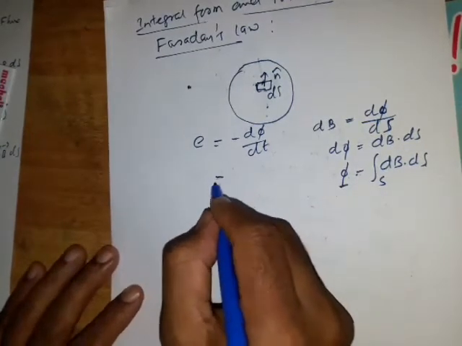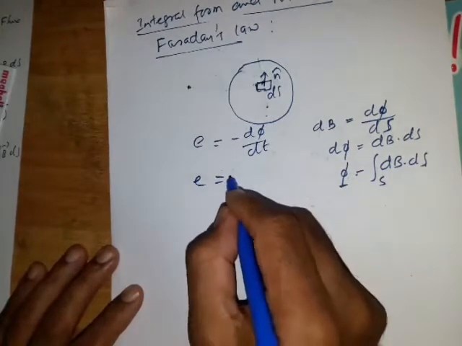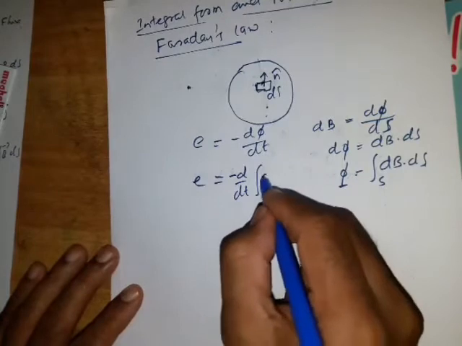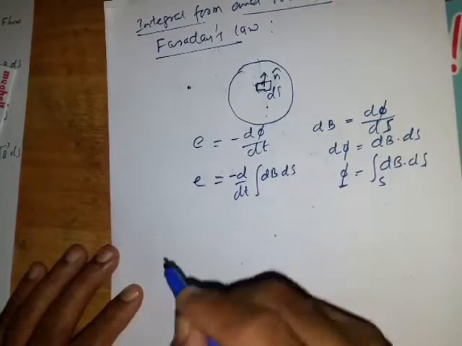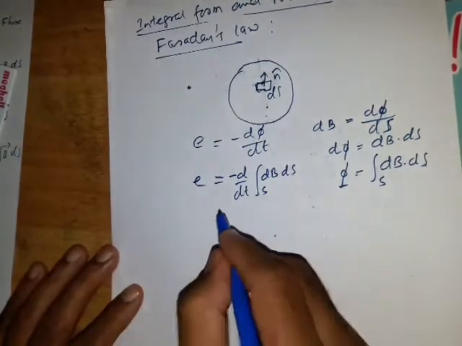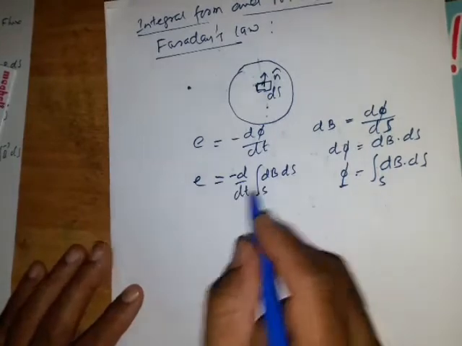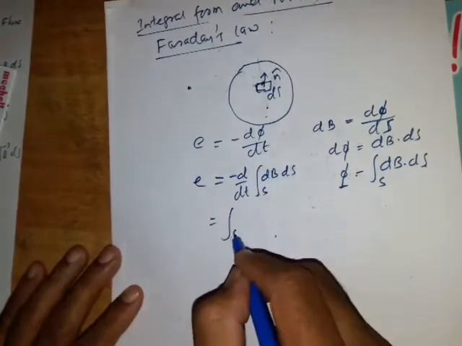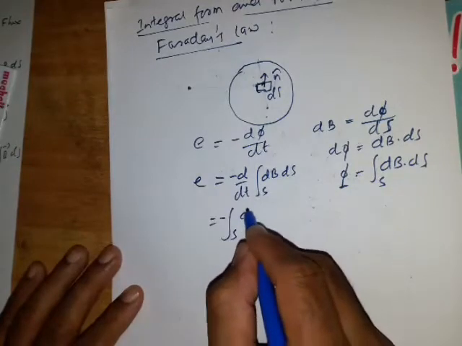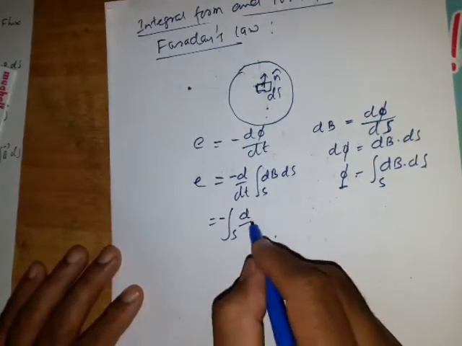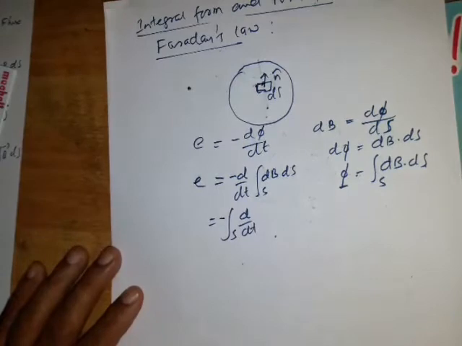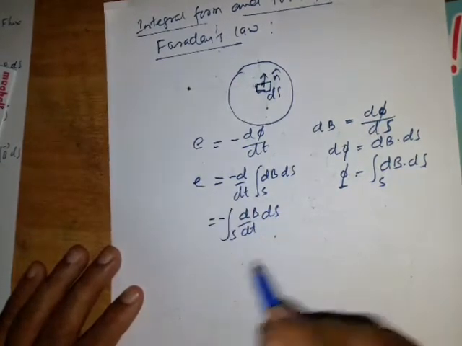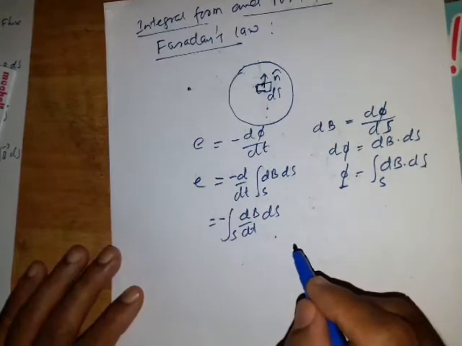So in this equation you can write minus d by dt of the surface integral of B dot ds, and I can rearrange this, taking d by dt inside the surface integral.